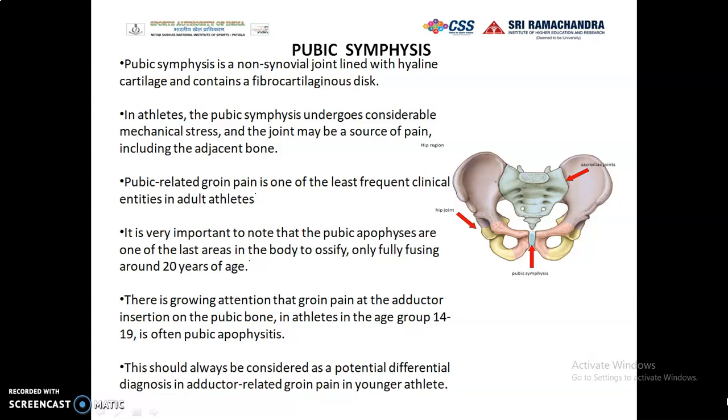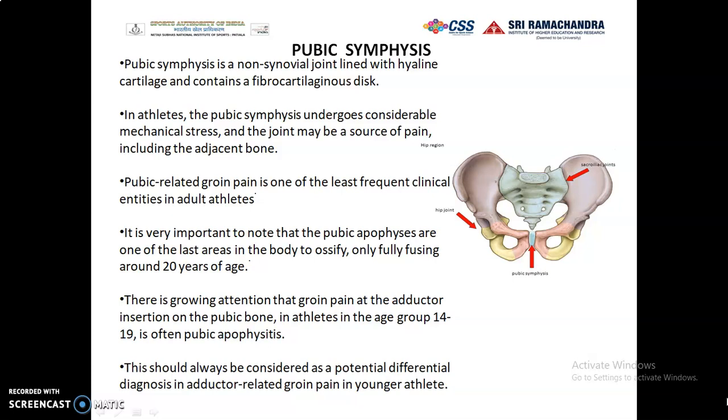So obviously you could have seen a lot of sporting populations with groin pain, but pubic related groin pain is one of the least frequent clinical entities in adult athletes. It's very rare.